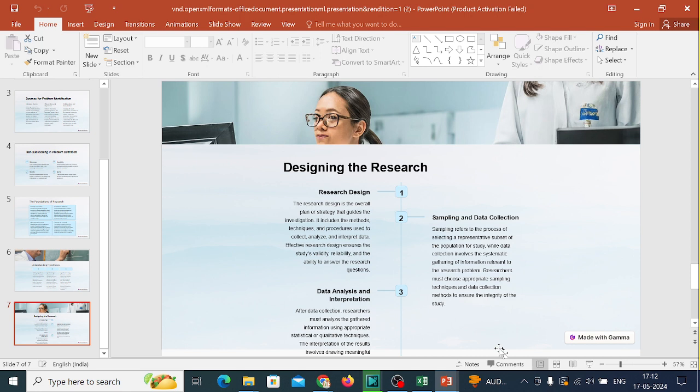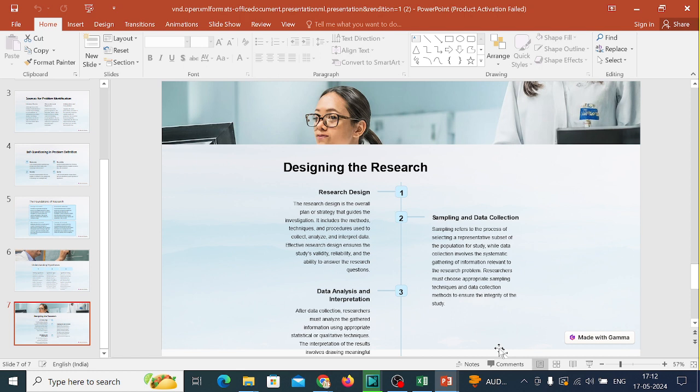If they feel that you have satisfied your research work, that you have done it diligently and effectively, only then will they accept your research. So research designing is very, very important.